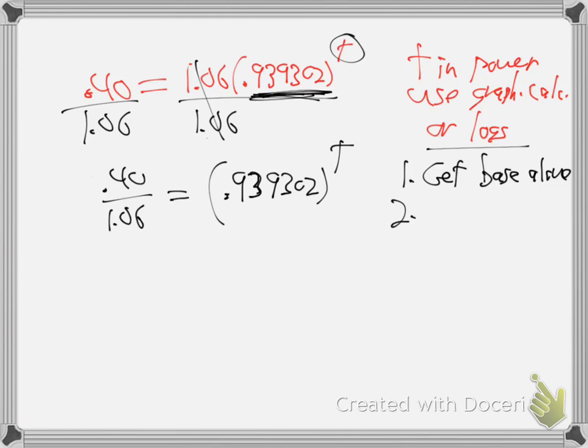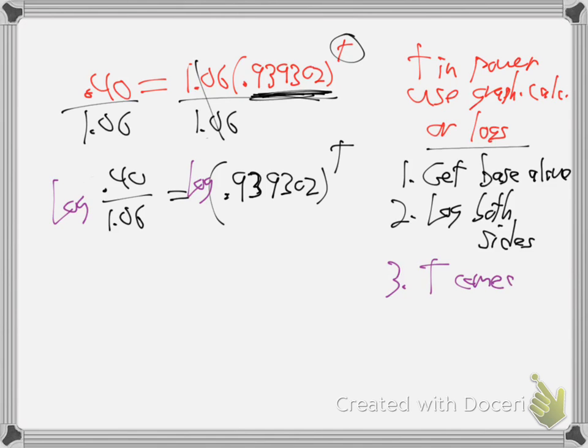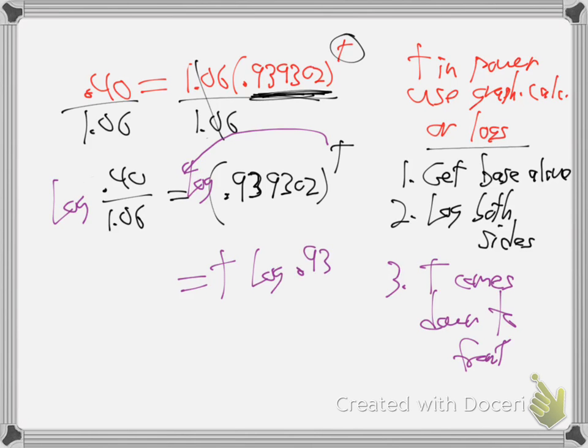Step 2. Log both sides. So now you bring the log in on both sides, log on this side, log on that side. And then step 3, the t comes down to the front. That's the great thing. It gets that down to the front. Like that.